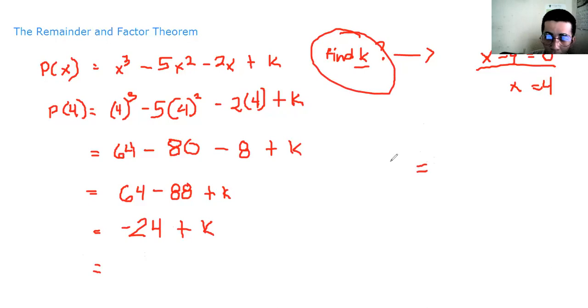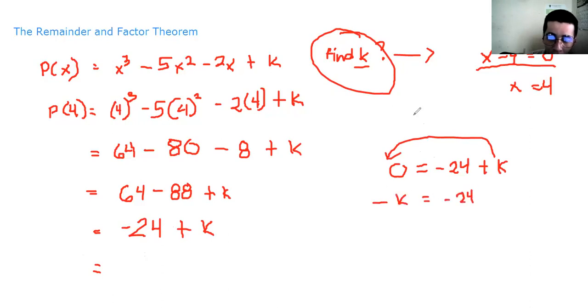For example, we have 0 minus negative 24 plus k. So, kapag minove natin si k dito sa other side of the equation, magiging negative k siya, diba? Instead of from positive, magiging negative k. Since k lang yung hinahanap natin, kailangan mawala si negative. So, kailangan i-divide natin sila parehas sa negative 1. So, magkakaroon tayo ng k is equals to positive 24.